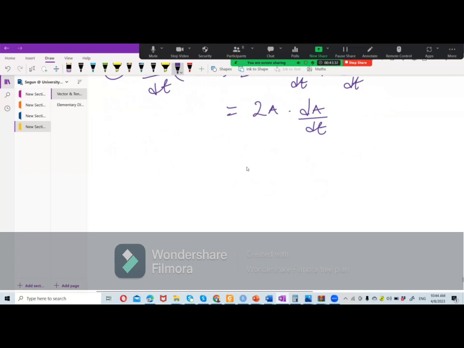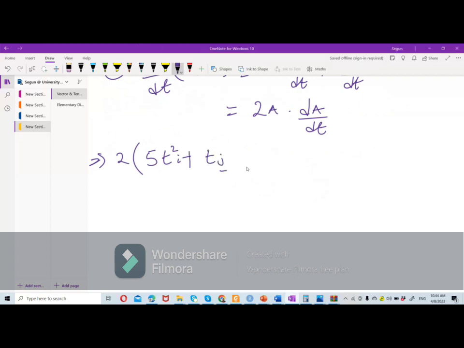So now let's first of all look at what is 2A. The 2A will be 5t squared i, don't forget, plus tj minus t cubed k, dot, what's the differential equation of dA/dt, we did that, 10ti plus j minus 3t squared k.